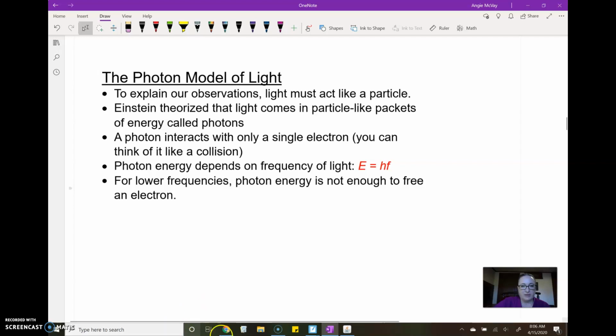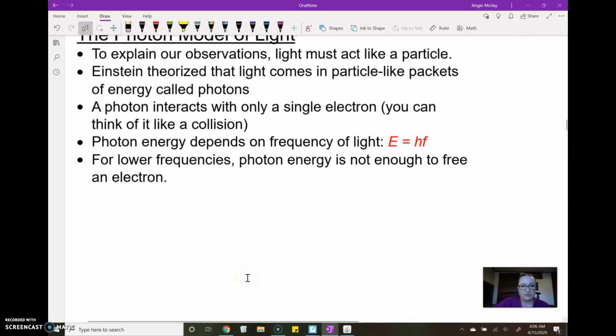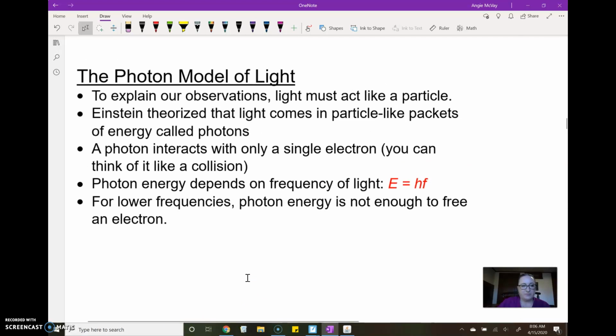Okay, so to explain our observations, Einstein theorized that light comes in particle-like packets of energy called photons. So instead of treating light like a wave, we're treating light like a particle. And this is a phenomenon called wave-particle duality that we'll talk about next class.